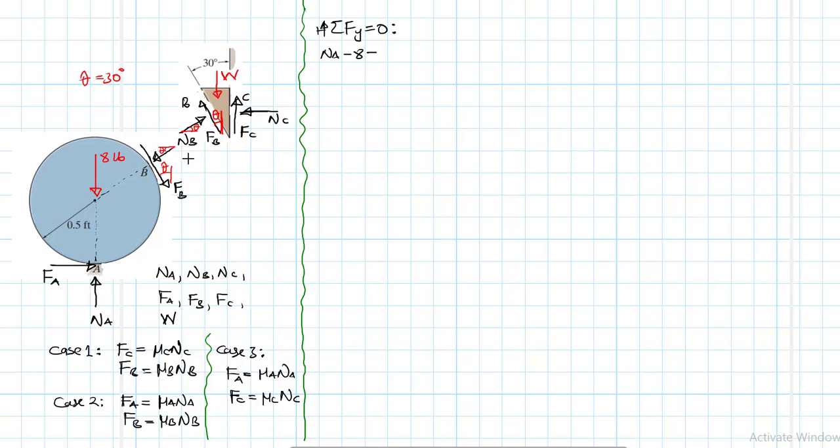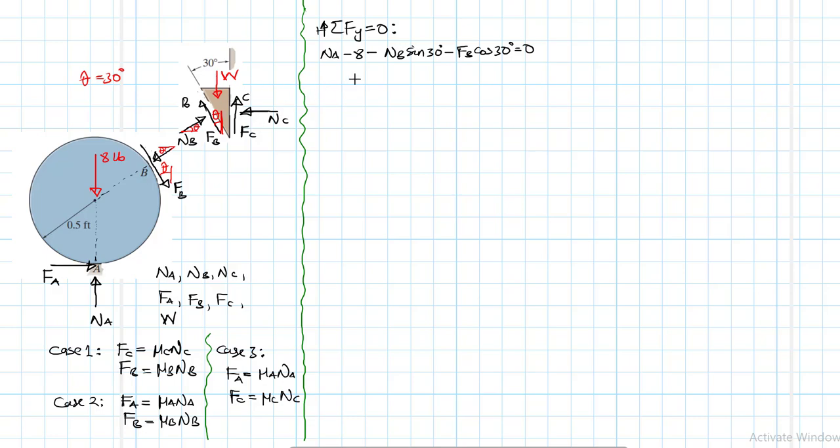I should have indicated them there, but space is not enough, so I'll just write them down in the equations. So I'm on the cylinder right now, summation of forces on the cylinder. There will be a component from NB, which will be negative, equal to NB sine 30. Then FB also will have a negative, which is FB cos 30 equal to 0.